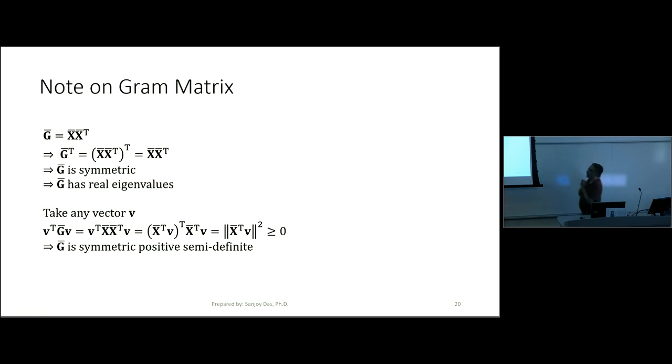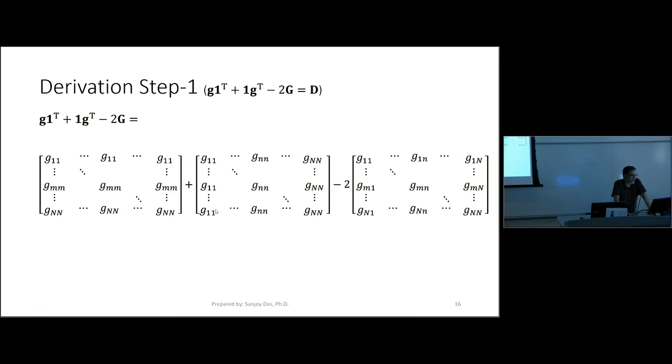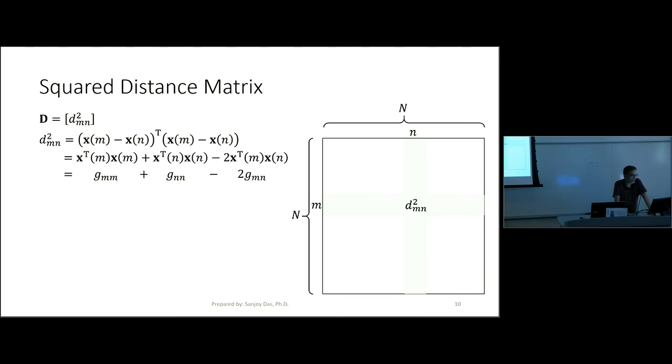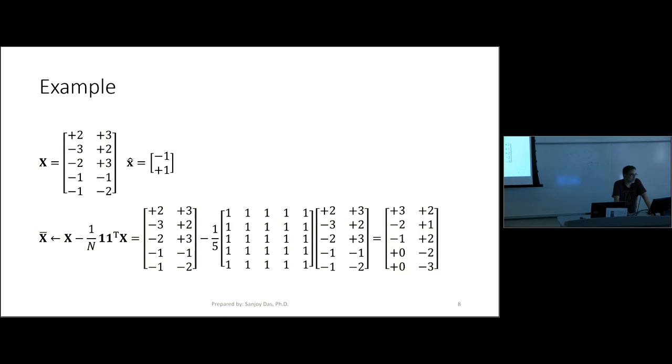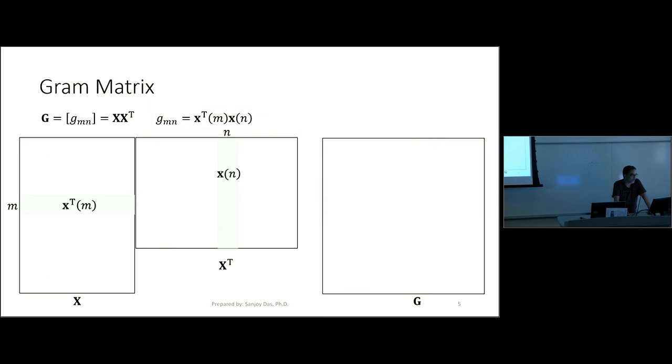So when is it positive semi-definite and when is it positive definite? Let's go back and look at the definition. Just the Gram matrix, forget the centering, it's the same thing, centered Gram matrix or the regular Gram matrix. This is the Gram matrix, X X transpose.